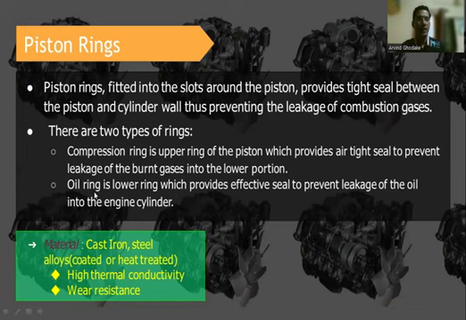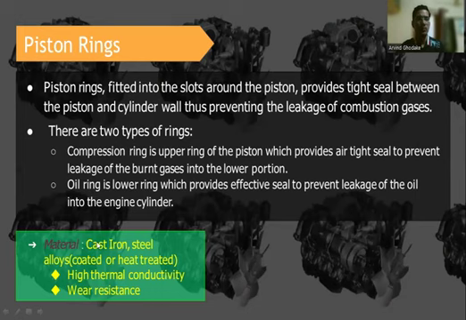The second one is the oil ring, the lower ring, which provides an effective seal to prevent leakage of oil into the engine cylinder. So there are two piston rings: a compression ring and an oil ring.